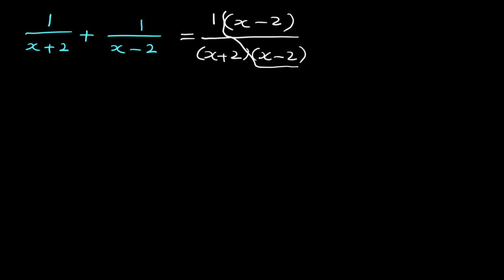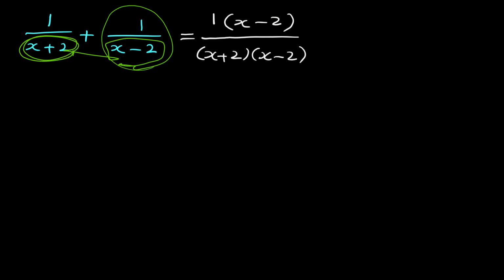Attention, this x minus 2 with this x minus 2 can be cancelled, and this is like a 1. And multiplying by 1 doesn't change the value of anything. That's the reason we multiply numerator and denominator by x minus 2. For the other fraction, we notice that here we have x plus 2.